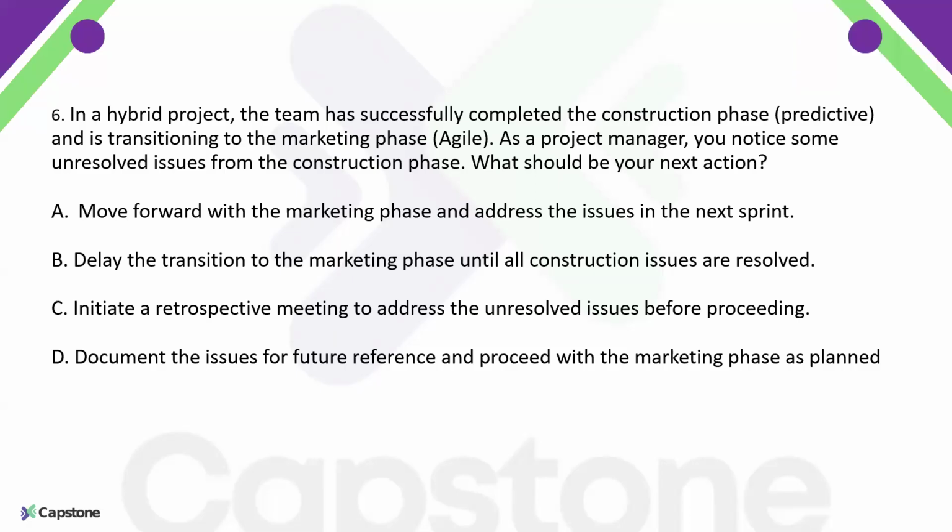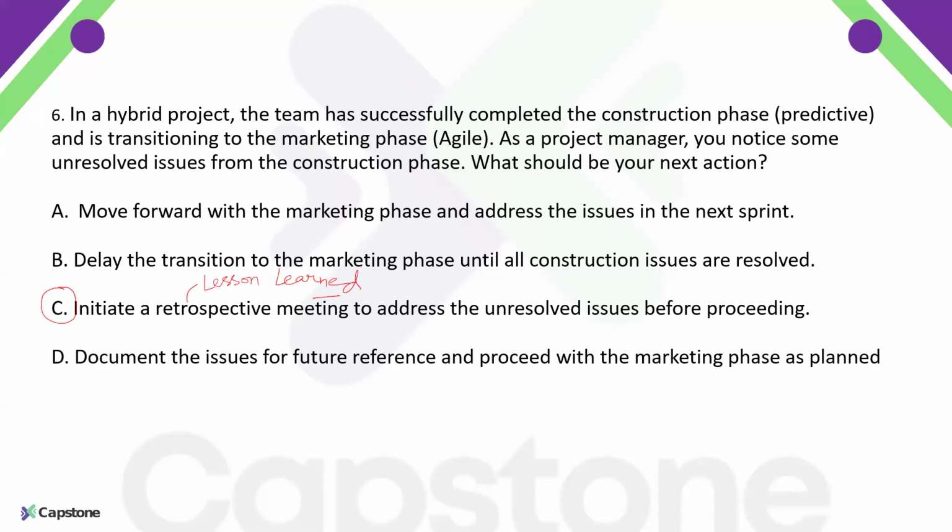And also why I believe C was the right answer, I can share my logic and you can correct me if I'm wrong. Basically, if the question had said that we have moved into agile, then the answer could have been to document the issue for future reference and proceed with the marketing phase as planned.